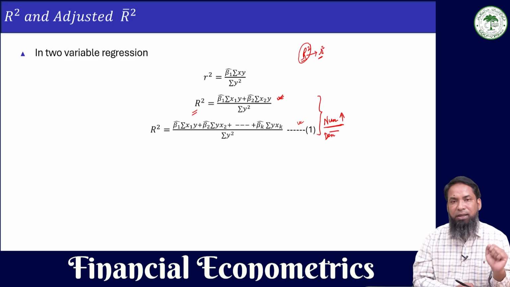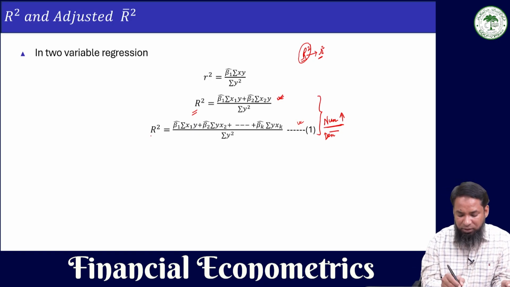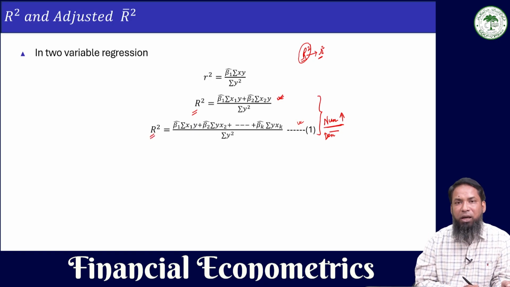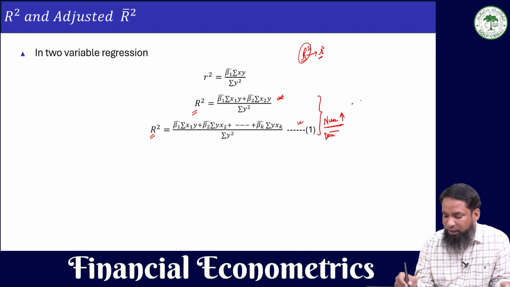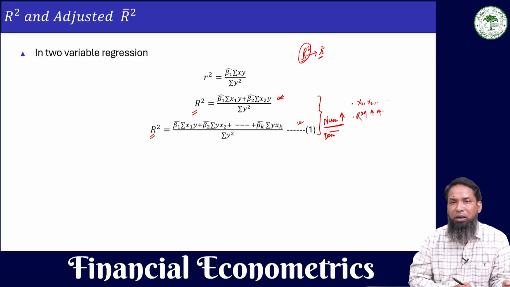So if that is the case, the value of r square will be higher and higher. So from this we can conclude, as the explanatory variables keep on adding, the r square will be more and more, higher and higher.